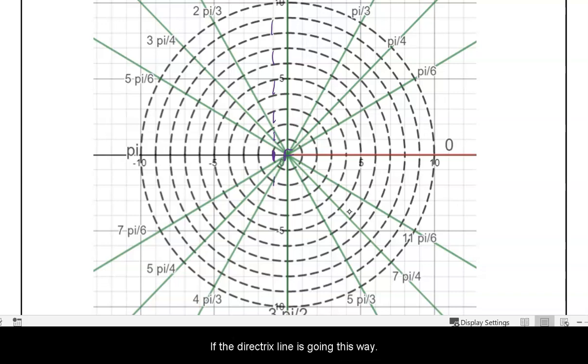If the directrix line is going this way, and I know that it's oriented horizontally, that must mean, because it's a parabola, that in fact the vertex is halfway between the focus and the directrix, or right there.